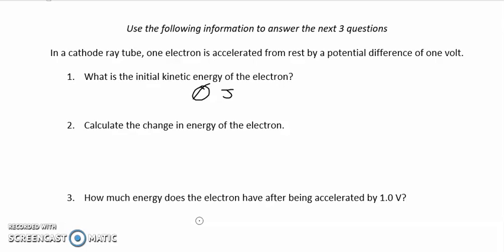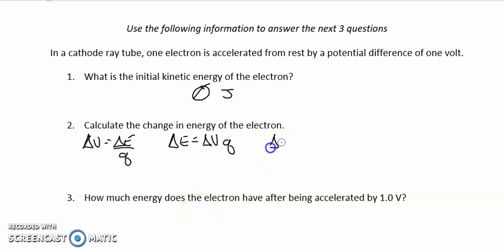But if we want to calculate the change in the energy here, on our formula sheet we see this. The change in potential difference is equal to the change in energy divided by the charge, which really means that the change in energy is equal to the potential difference times the charge.